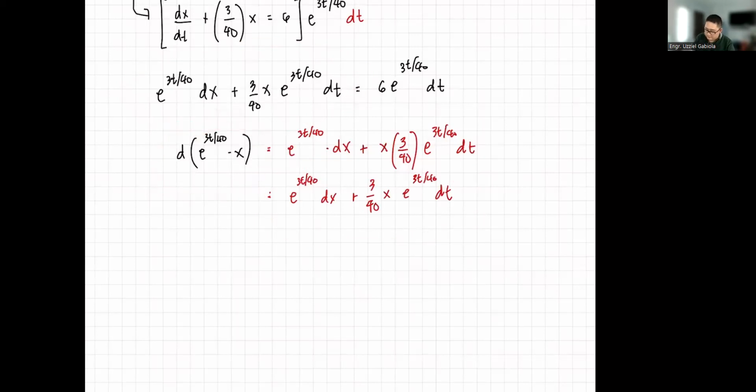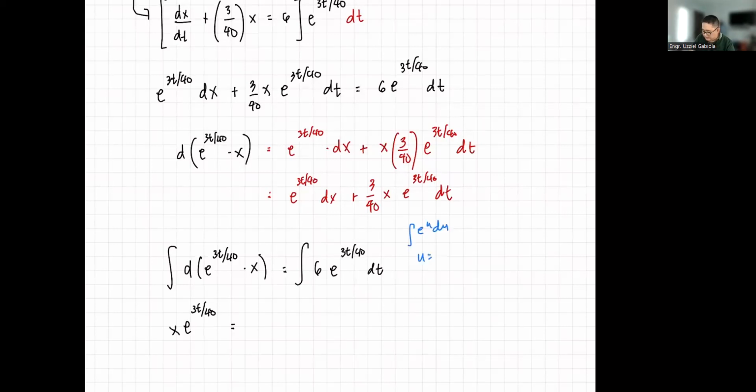Okay? So again, d of e^(3t/40) times x is equals to 6e^(3t/40) dt. Okay? Perform natin integration. So kokopyan nyo na lang to kasi that is exact differential na. Is equals to, dito, kailangan natin satisfy yung u natin.